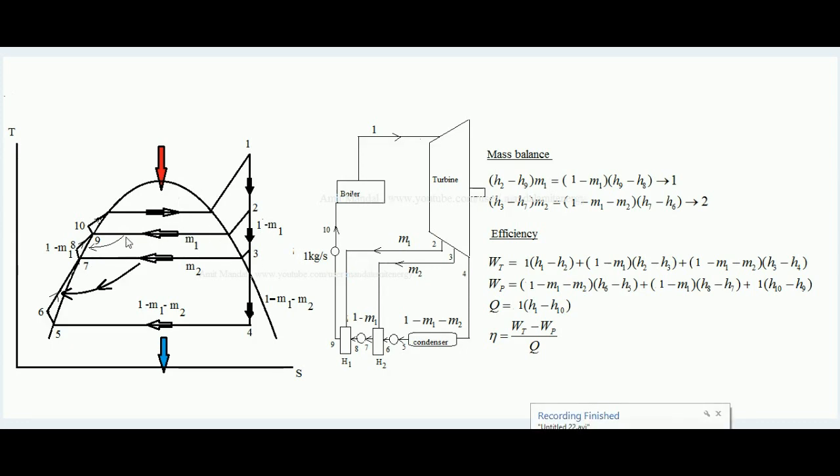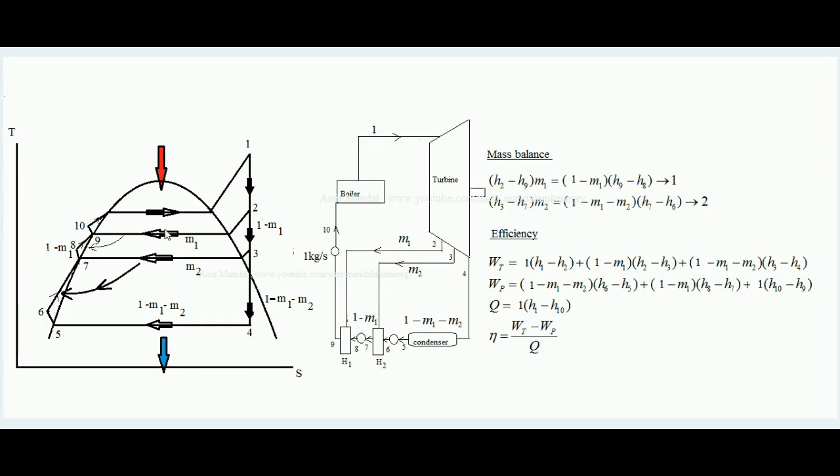Now how to find out the values of m1 and m2 which are to be taken out from these corresponding points? See, m1 steam is taken out from point 2 and it is condensing in heater 1. So the net amount of enthalpy dispensed by m1 steam is (h2 minus h9) into m1. This is the amount of heat dispensed by condensing steam of amount m1 kg per second in heater 1.